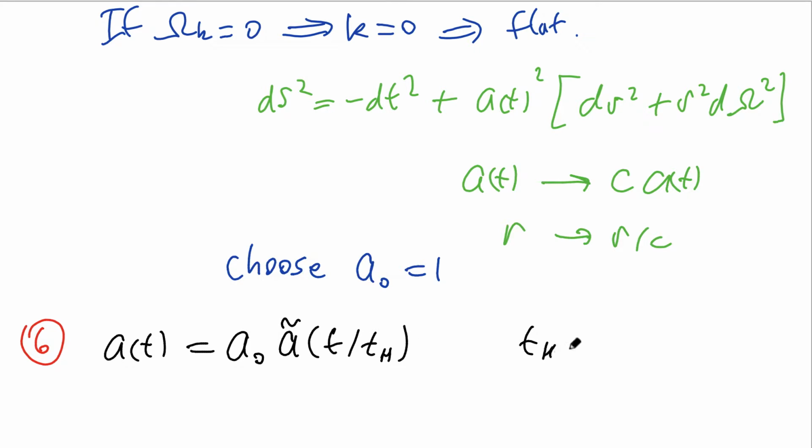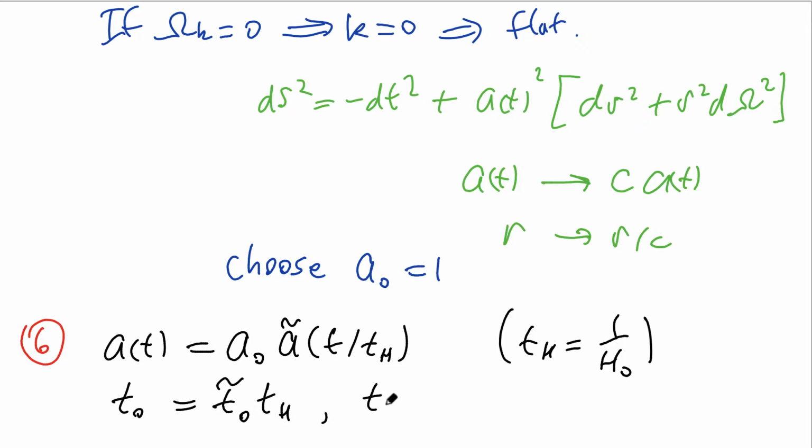So the Hubble time is just 1 over the present value of the Hubble parameter. And we can also find the present day value of the time t in ordinary units like years. It's related to the present value of t tilde by just multiplying by the Hubble time. And also the time of the Big Bang would be the t tilde time times t sub H.